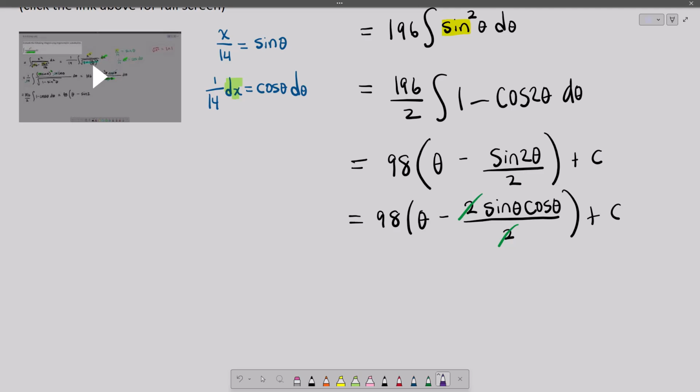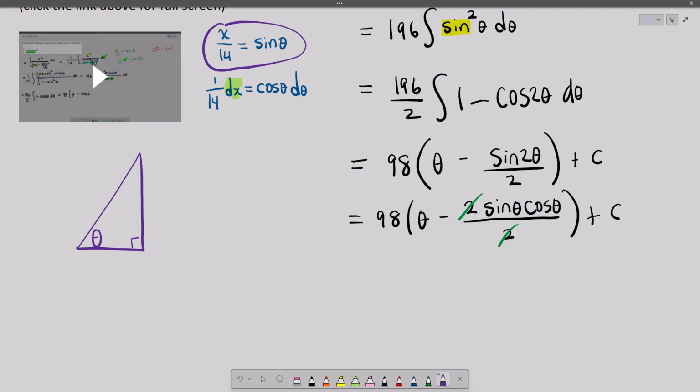Now, we get to create our magic triangle. So we have a right triangle. We always draw it as if it's in quadrant 1, and we put theta right there. And we build this triangle based on this equation right there. x over 14 is sine of theta.